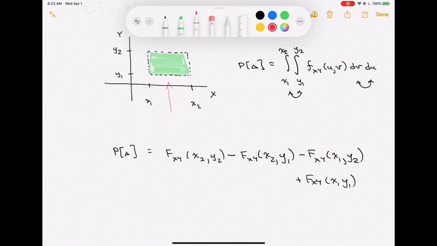So what does this first term give us, F_XY of x2, y2? The CDF tells us basically the accumulated probability up to the point, in this case, x2, y2. So where's point x2, y2? It's in the upper right corner of the area that I want. The CDF says take everything below that and everything to the left of that, and include all of that probability.